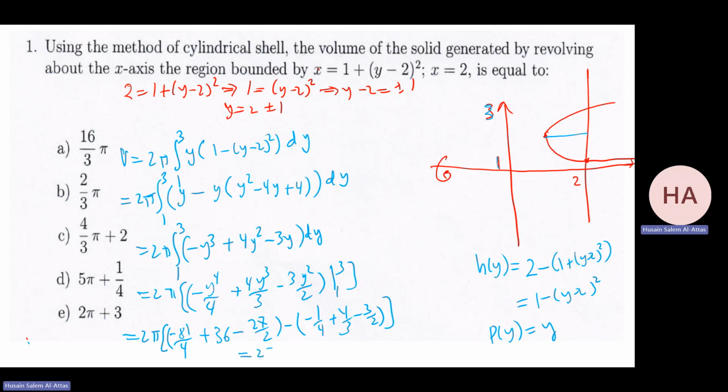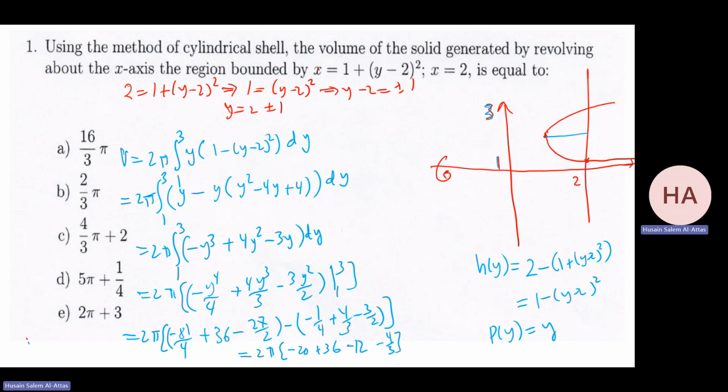Okay, that will be 2π times minus 81 over 4 minus 1 over 4, that is minus 81 over 4 plus 1 over 4, that is minus 80 over 4, which will be minus 20. Plus 36, plus 3 over 2, that gives me minus 24 over 2, which will be minus 12, minus 4 over 3.